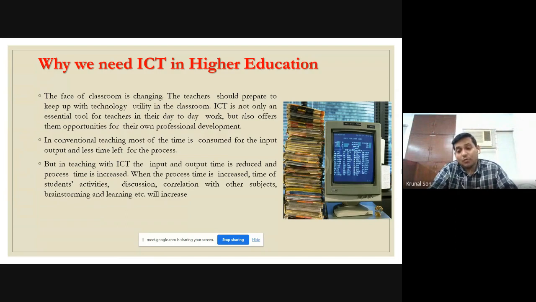Previously we were just learning maths only, science only, but now correlation among things is also possible. Brainstorming activities have also increased, right, with the use of various media, that is pictures, videos, and all these things, and learning, right?